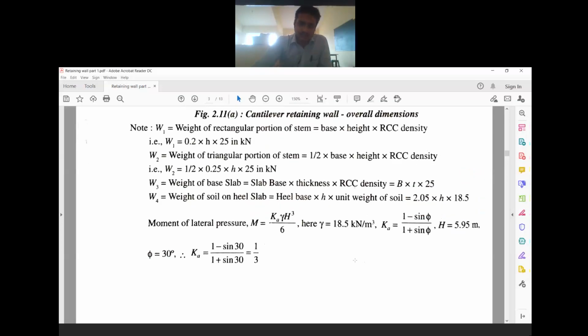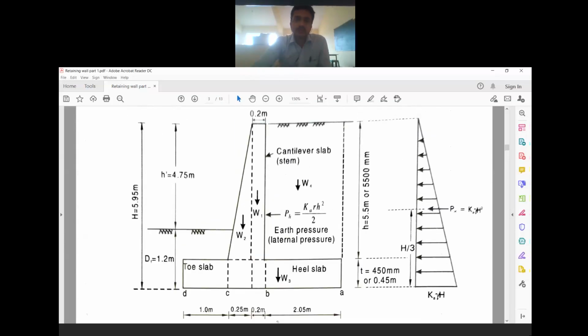Now see, as I have mentioned earlier in the introduction of this part, the pressure which is exerted on the retaining wall from the soil will be increasing as we go down deeper. As I go down deeper, the pressure will be higher. At the top, the pressure will be lesser, comparatively zero at the top, and maximum at the bottom.